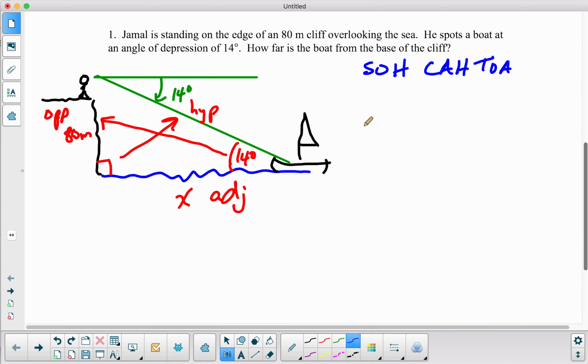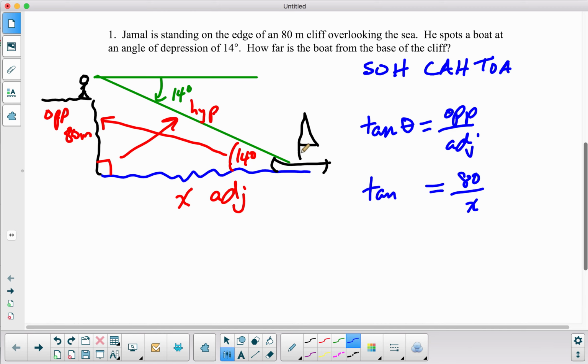So we write down the definition of tangent: tan theta equals the opposite side over the adjacent side. We fill in what we know. The opposite side is 80. The adjacent side is the one we're trying to find. That's x. And the angle theta is 14 degrees.